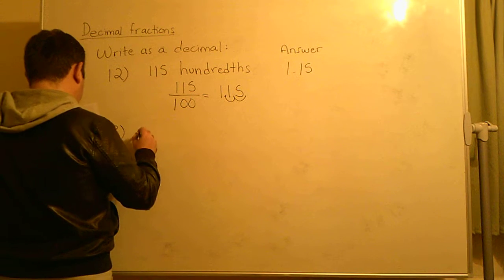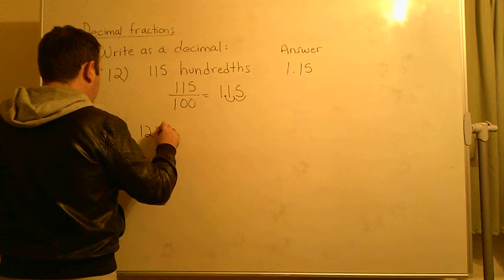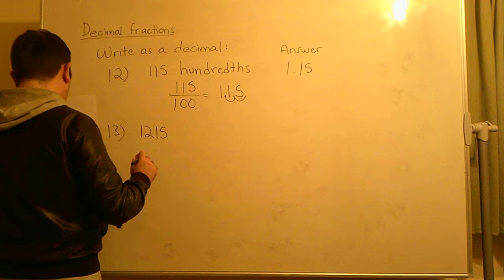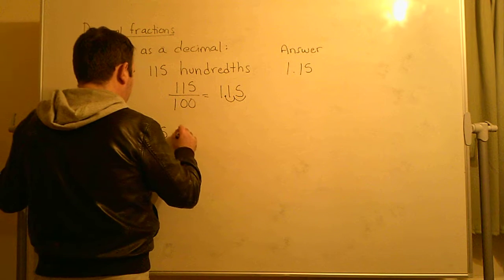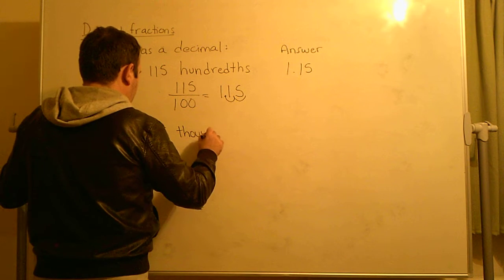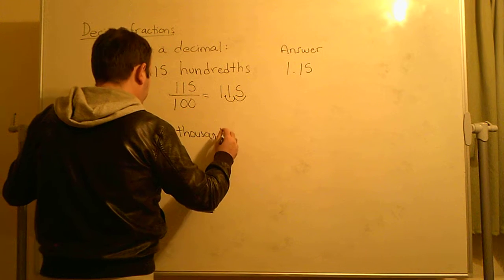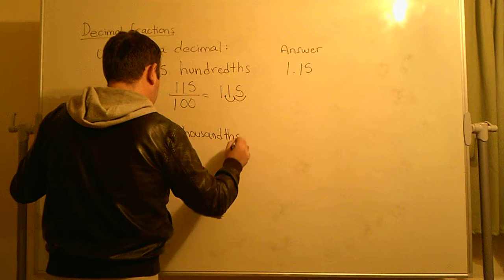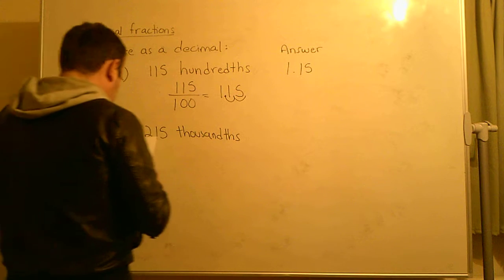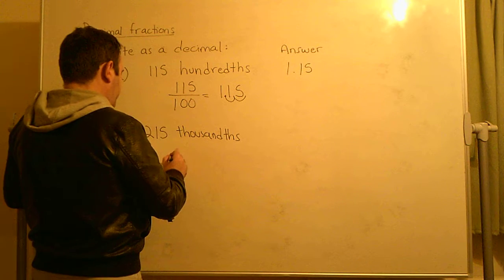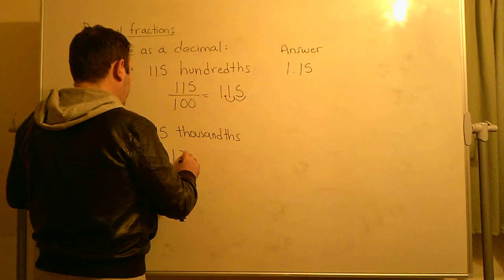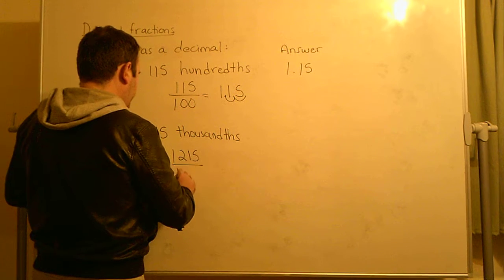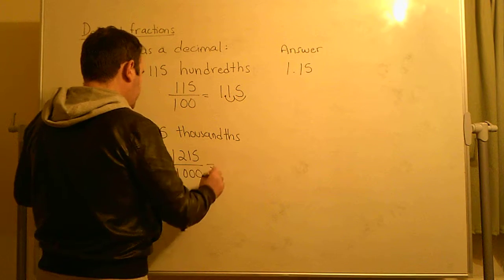13. 1,215 thousandths. So we write down 1215 divided by 1000.